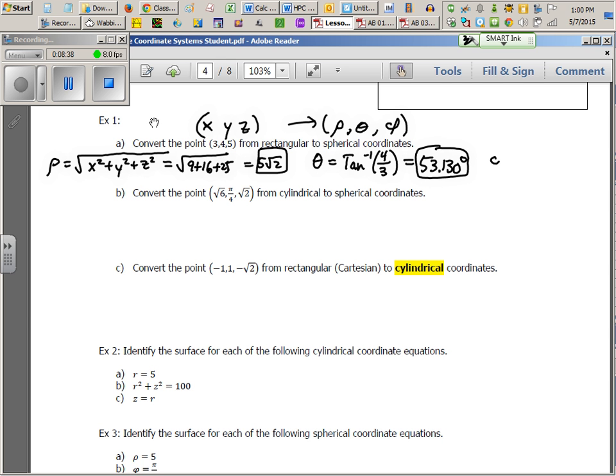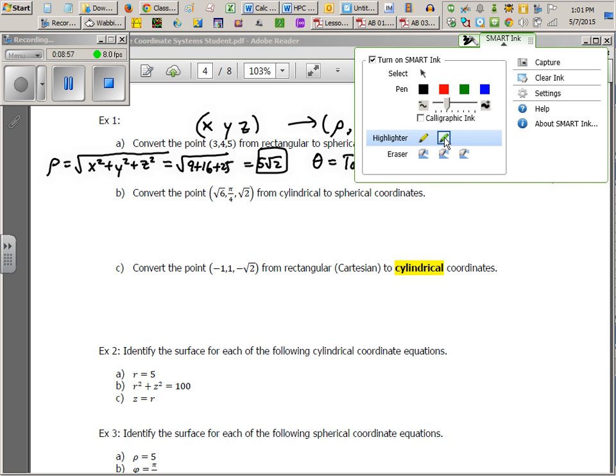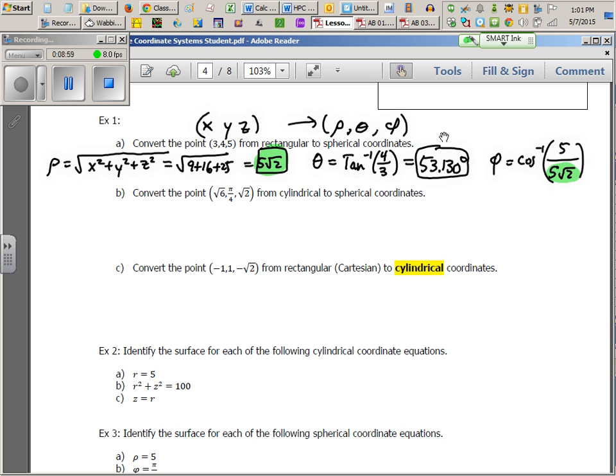And then lastly, phi. So phi, rectangular to spherical, is just cos inverse of 5 over rho. And we just found rho back in the first question there, so 5 root 2. So I'm stealing the answer for rho and placing it right here. So you end up with basically 1 over root 2, which is root 2 over 2, and all this inverse cosine comes out to 45 degrees.